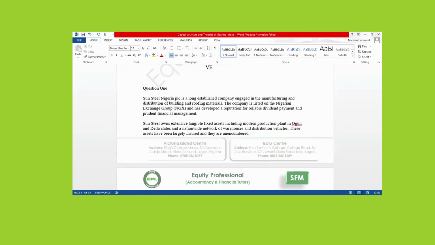I will read. Sun Steel Nigerian PLC is a long-established company engaged in the manufacturing and distribution of buildings and roofing materials.